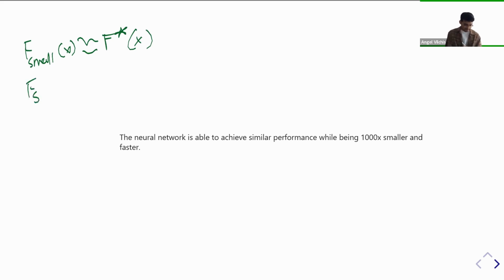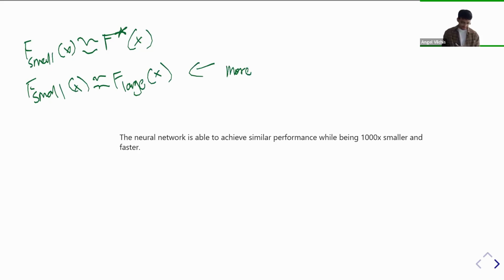And when we train the small model on the large model's predictions, the data emitted by the large model, we're trying to approximate the large model's function. And this is shown to be more accurate.